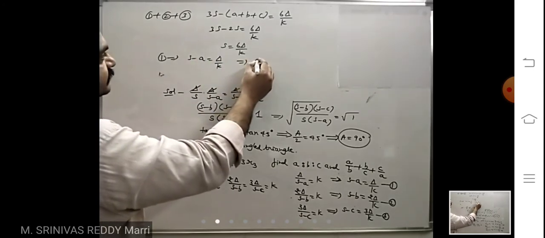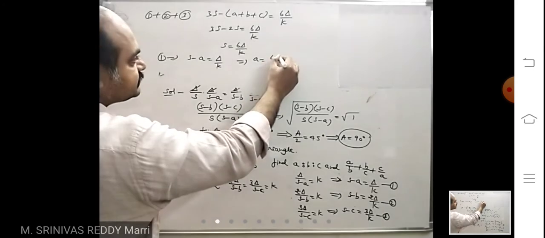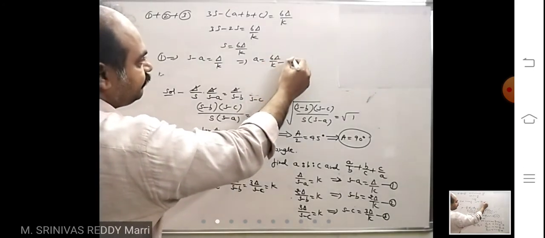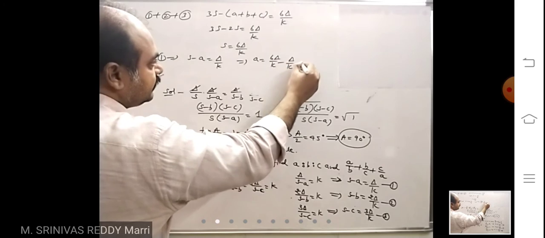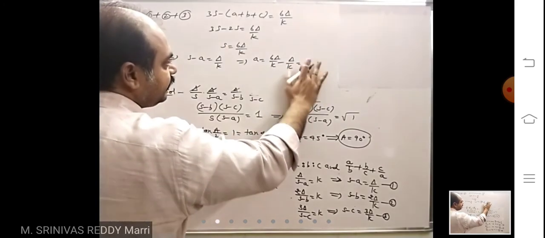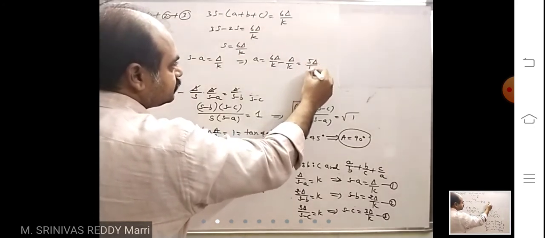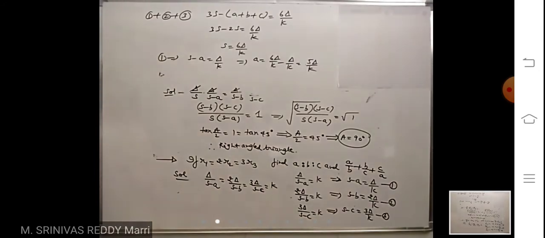That implies a equals s, 6 delta by k minus delta by k. That means 5 delta by k. So a is nothing but 5 delta by k.